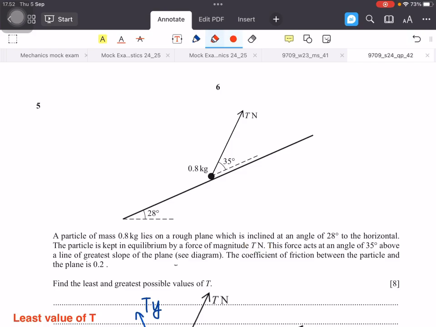This force acts at an angle of 35 degrees above a line of greatest slope of the plane. See the diagram. The coefficient of friction between the particle and the plane is 0.2. Find the least and greatest possible values of T.